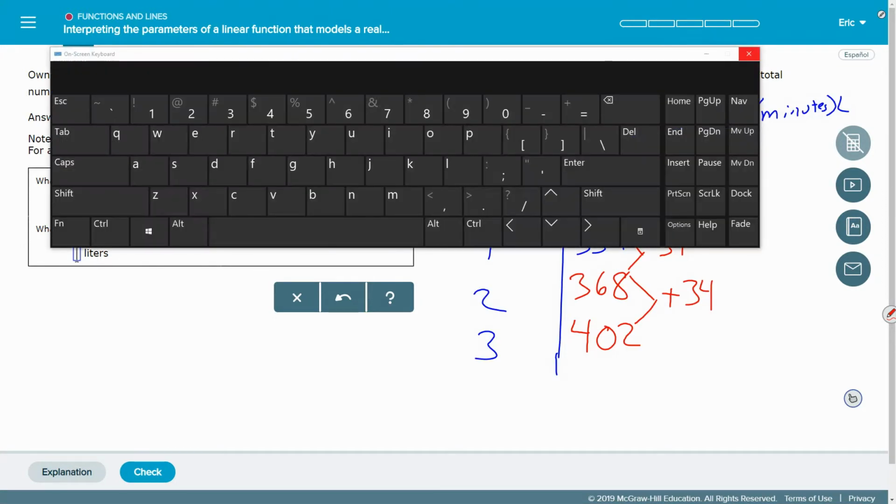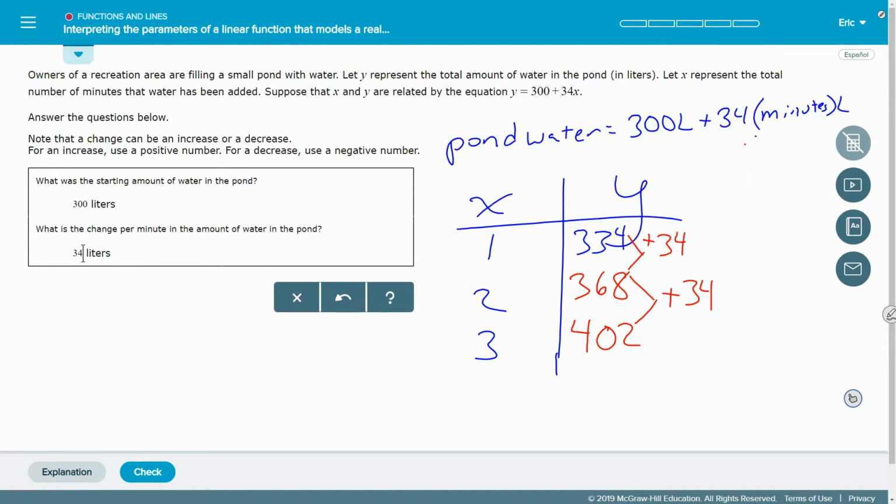Now you might be confused as to the math on that, but you never had to do the math to begin with. If you already know that this equation is linear, the rate of change is whatever is being multiplied by x. In this case, my 34, my plus 34, is being multiplied by x, so that will be my rate of change per minute.